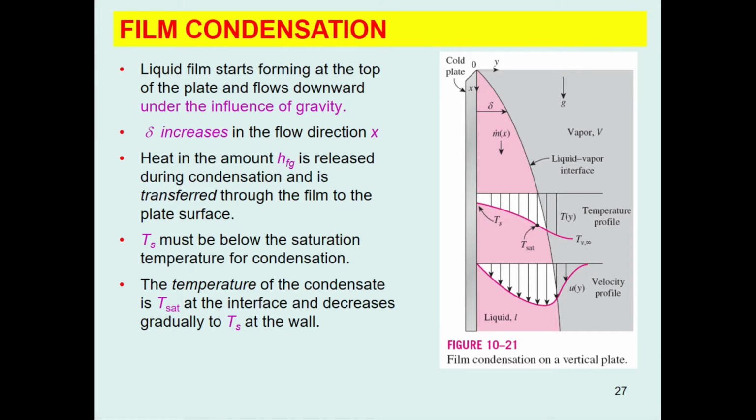The temperature of the condensate is Tsat at the interface and decreases gradually when it moves towards the wall, which is at the temperature of Ts. So this is the film condensation phenomenon, with these two temperature and velocity profiles.